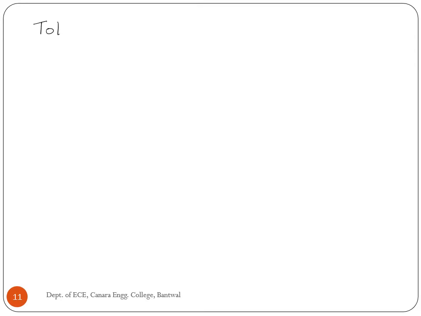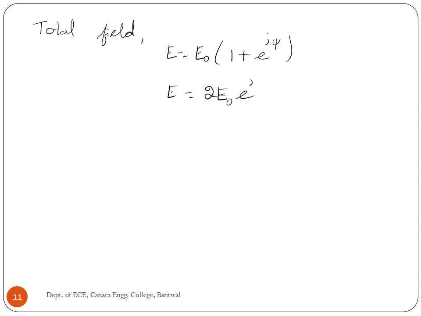Total field E equal to E0 times 1 plus e to the power j xi, which is equal to 2 E0 e to the power j xi by 2 times e to the power minus j xi by 2 plus e to the power j xi by 2, divided by 2.